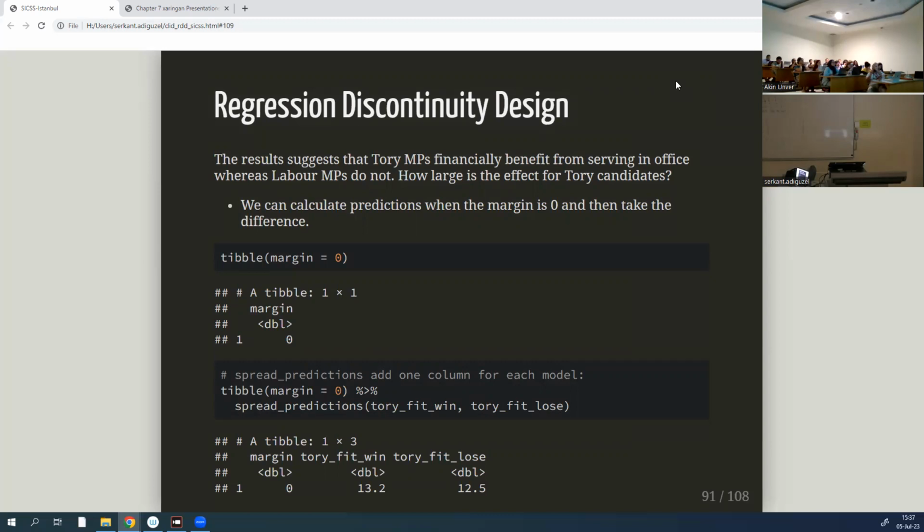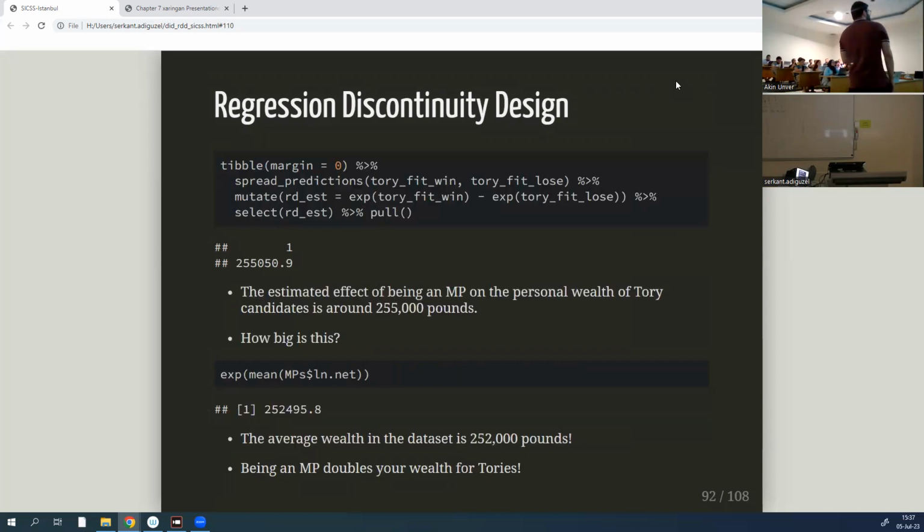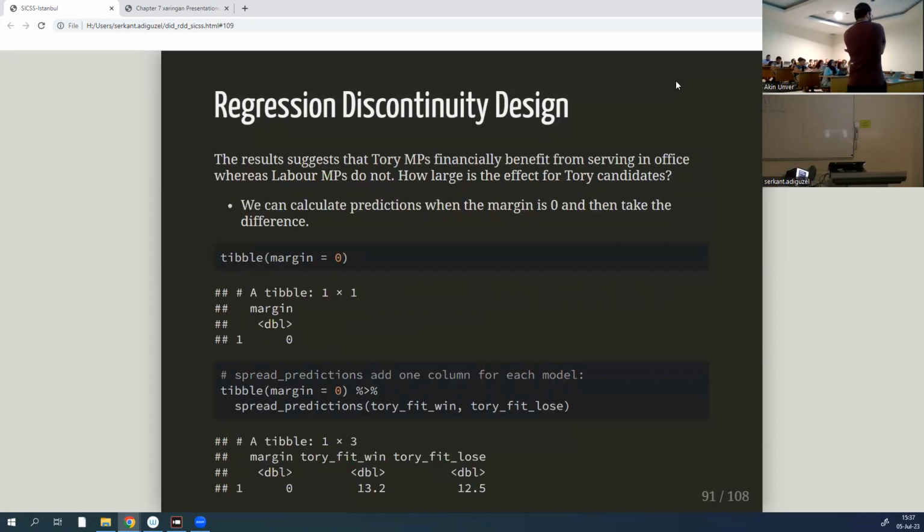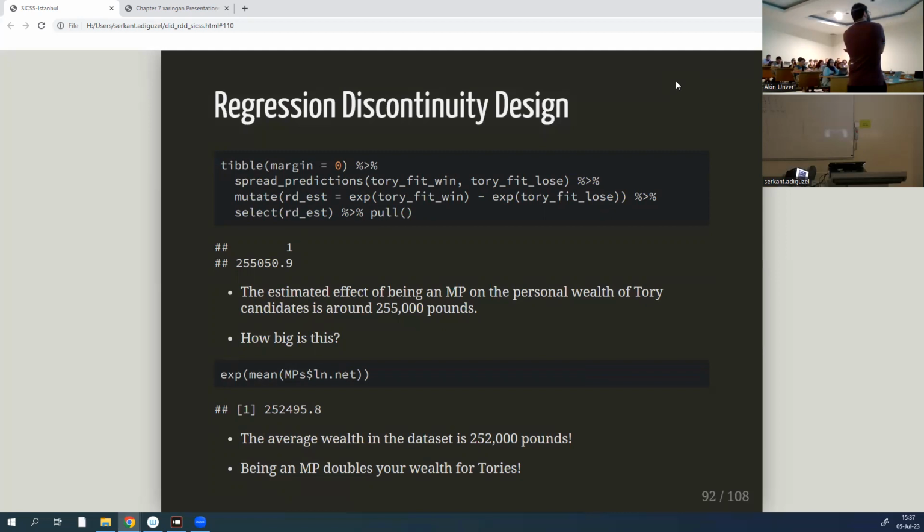This is in log terms, but there seems to be a difference, right? And since this is in log terms, if you exponentiate it, it's going to give you pounds. The difference between these two is like 250,000 pounds.